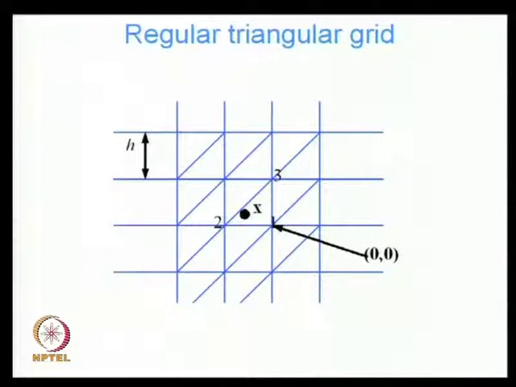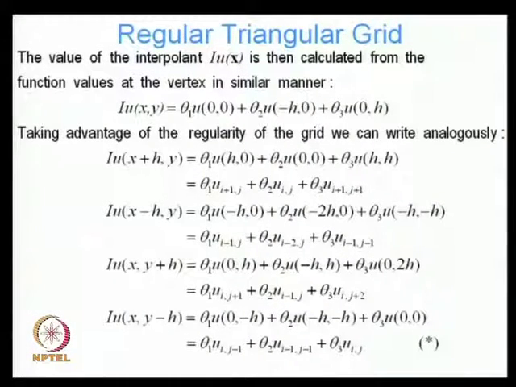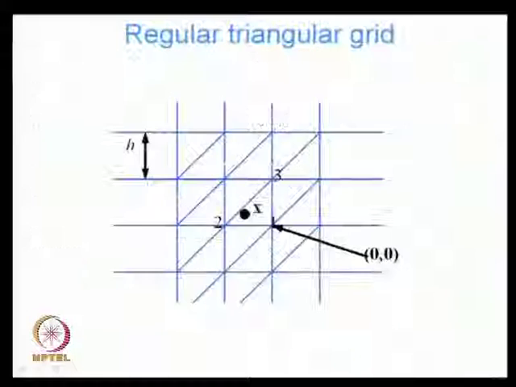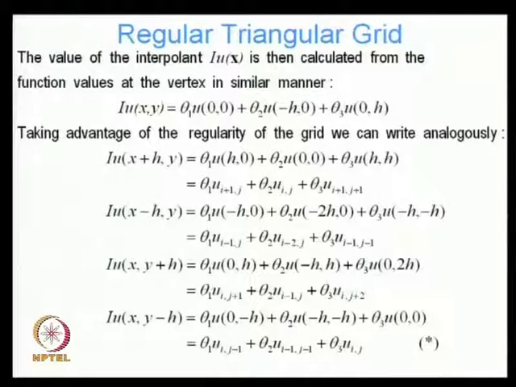So, u at h 0 plus theta 2 u at 0 0, see, so that involves this point, theta 2 u at 0 0, and theta 3 at this point, which is actually h h. So, theta 3 u at h h, but you can see because of the regularity of the grid we can still use theta 1, theta 2, theta 3, because the barycentric coordinates of that new point are the same as for the old point, right.